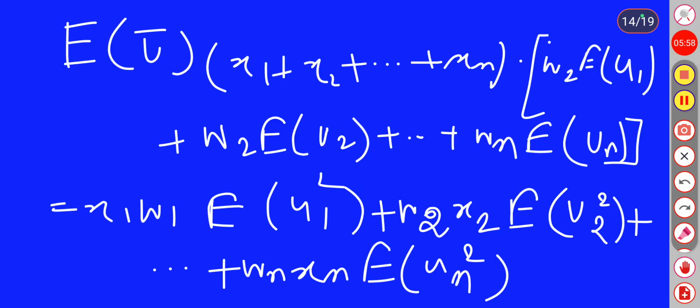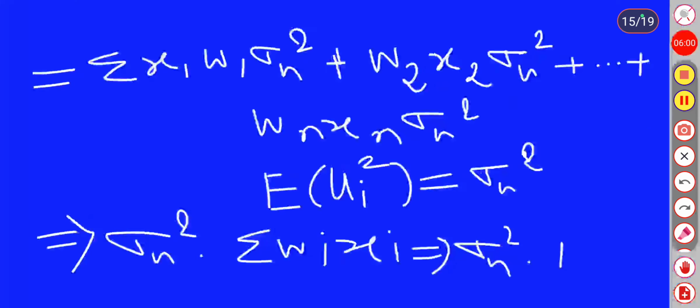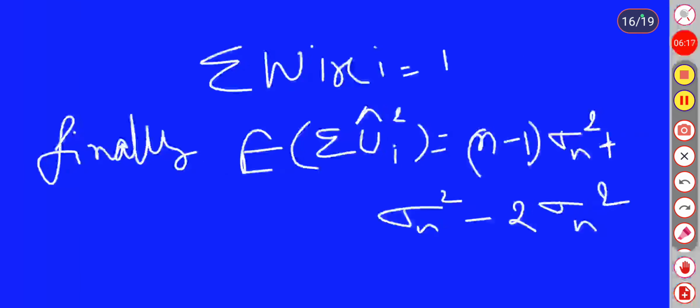Following the steps we get sigma u square into 1, that is equal to sigma u square, and summation wi xi is equal to 1.